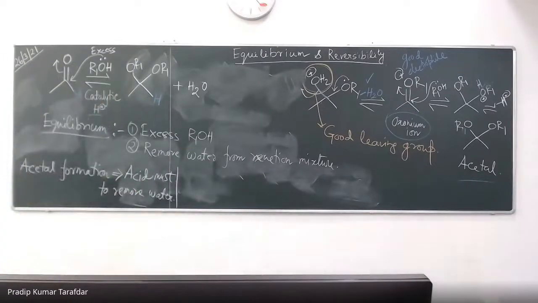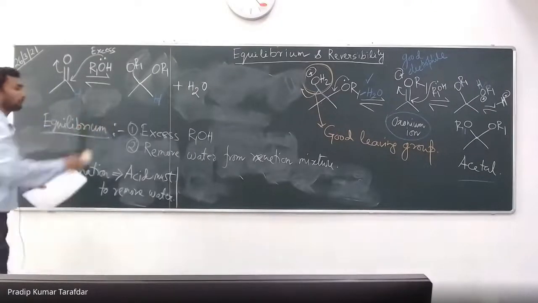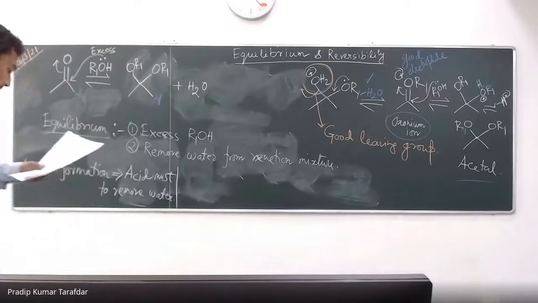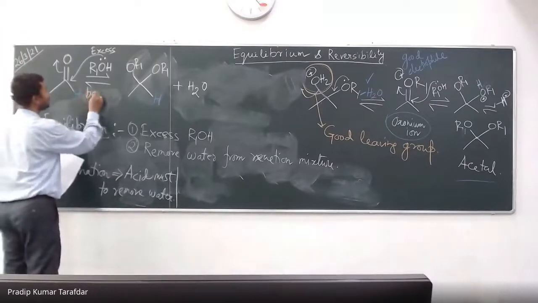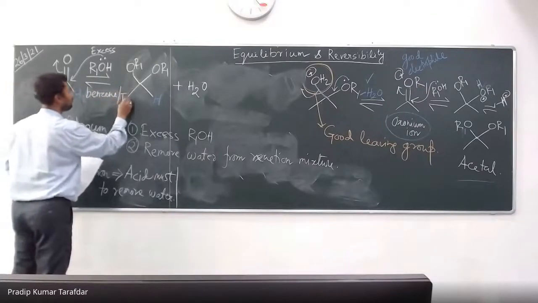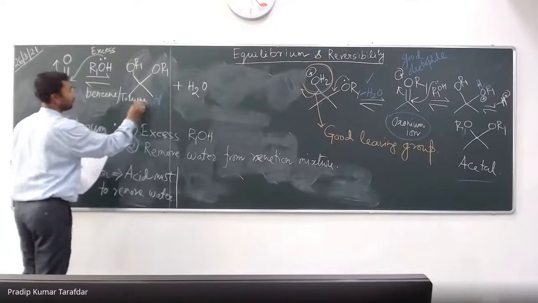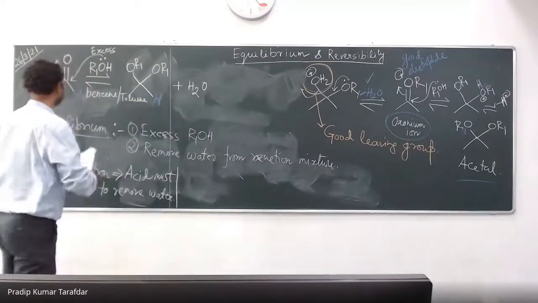So how to do that? I have to reflux. I have to use a solvent called benzene, or you can also use toluene, which will form an azeotropic mixture with water.